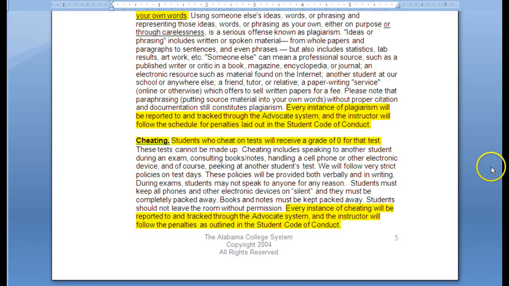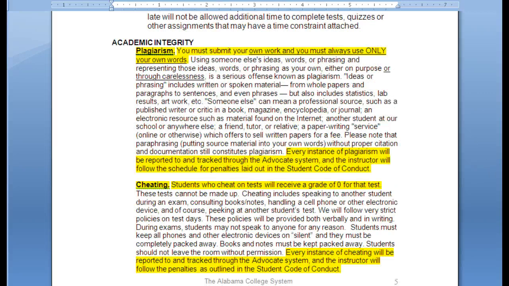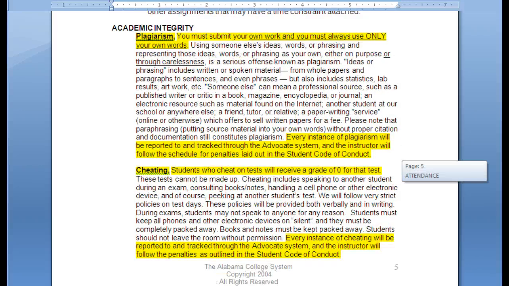Both plagiarism and cheating are tracked by the advocate system and are prohibited in the Student Code of Conduct. Make sure you read about these carefully. We're also going to have another screencast presentation video lecture on plagiarism and cheating, and then we'll have a quiz on it. So make sure you read this carefully because you're going to be quizzed on it very soon.